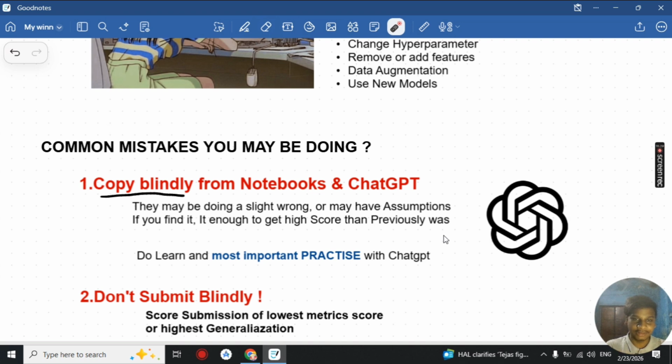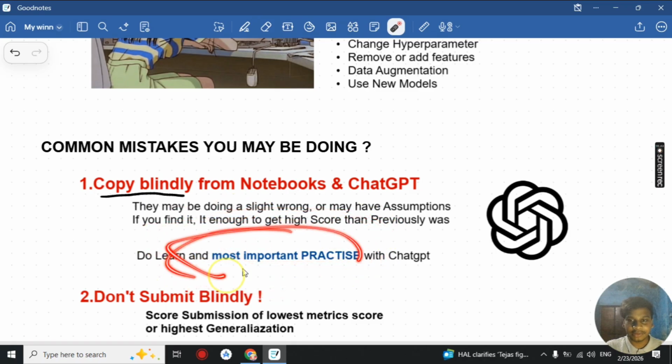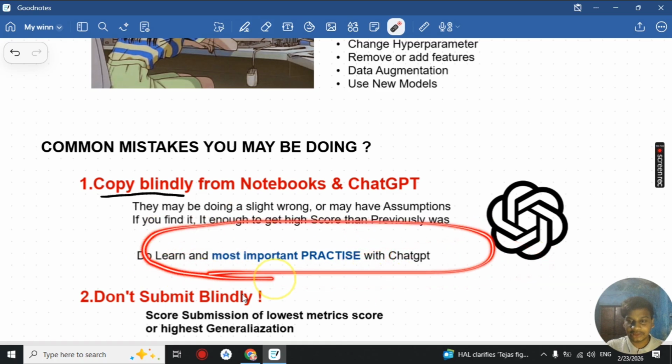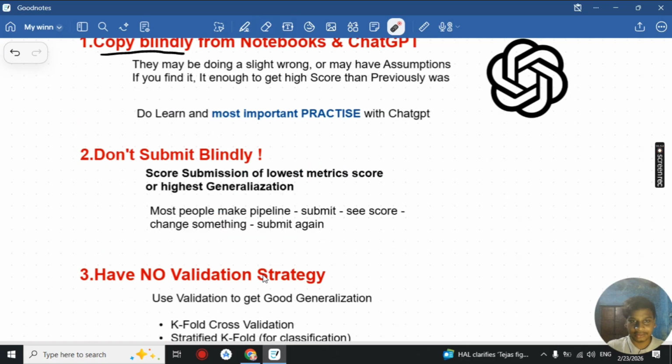So I would say do copy, but do understand the notebooks. Also use ChatGPT to learn, and make sure to practice enough too. You could even ask ChatGPT to test you with coding questions or statistics questions, and even take direct help.